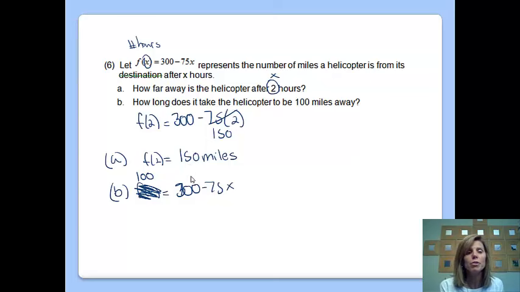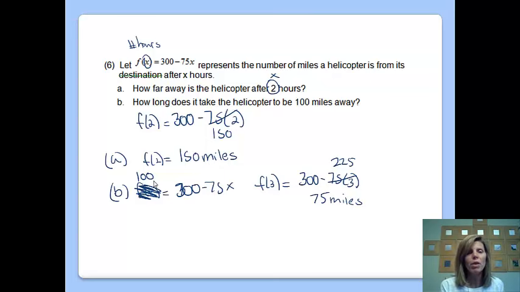I noticed after 2 hours, I'm 150 miles away, so I'm going to try if I were 3 hours away. So if I do f of 3 equals 300 minus 75 times 3. 75 times 3 is 225. So 300 minus 225 is 75. So after 3 hours, I'm 75 miles away.